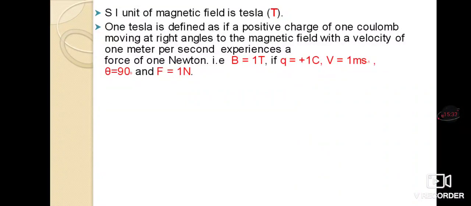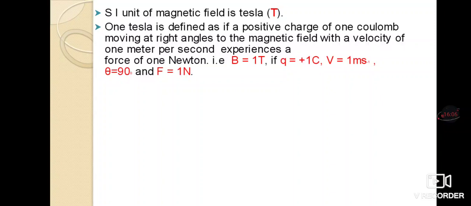That is, B is equal to 1 Tesla when Q is equal to 1 coulomb, velocity is 1 meter per second and theta is equal to 90 degrees, and it experiences a force of 1 Newton. So this is the definition of 1 Tesla.